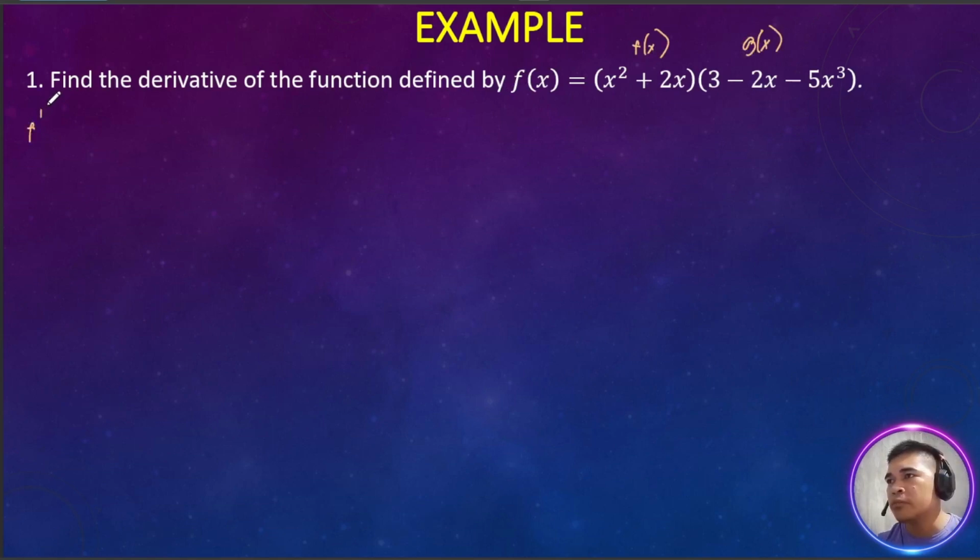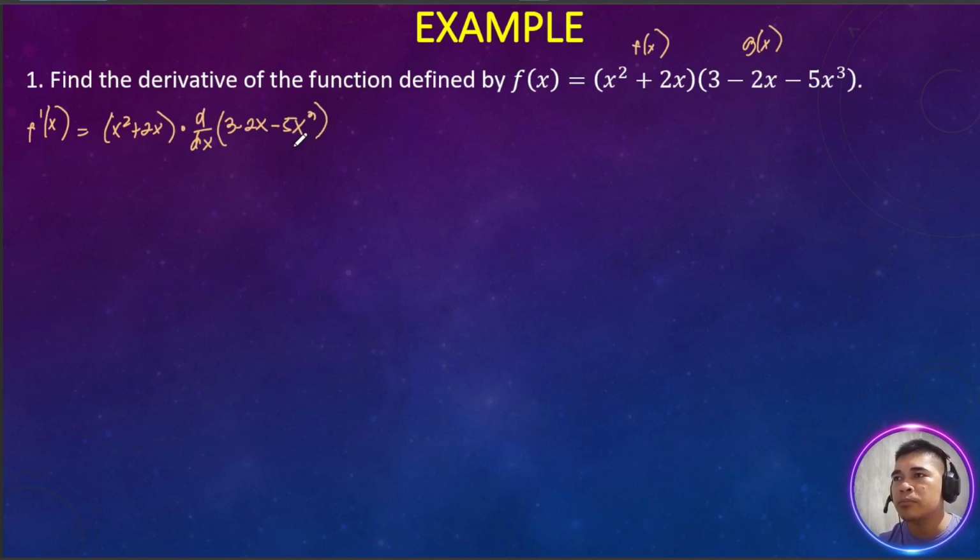So derivative of f of x is equal to, so f of x na to, x squared plus 2x times d over dx of g of x, 3 minus 2x minus 5x cubed, plus, g of x na naman, tapos times the derivative of x squared plus 2x.